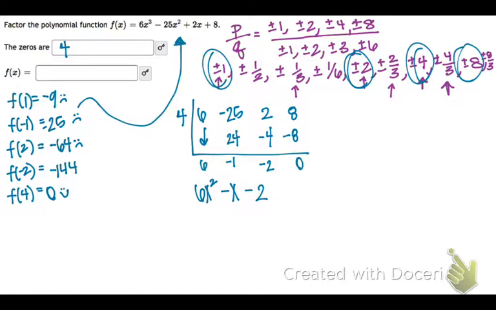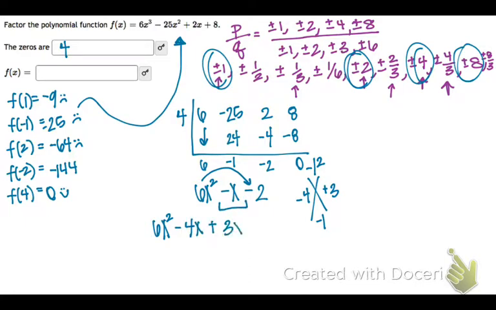Then I'm just going to factor this. So 6 times negative 2 is negative 12, and then the middle term is negative 1. So I want to see what multiplies to be negative 12, adds to be negative 1. Well, that's negative 4 and positive 3. So then I'm going to have 6x squared, and I'm going to replace the middle term with those, so that'll be negative 4x plus 3x minus 2.